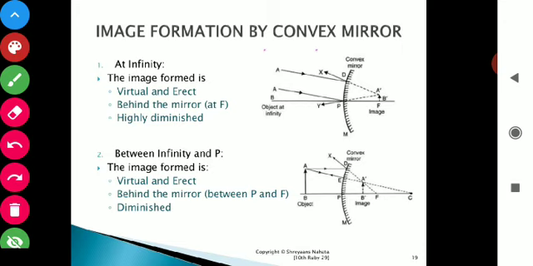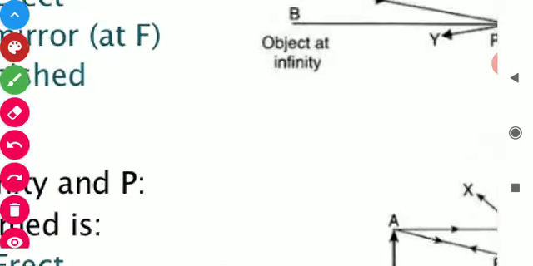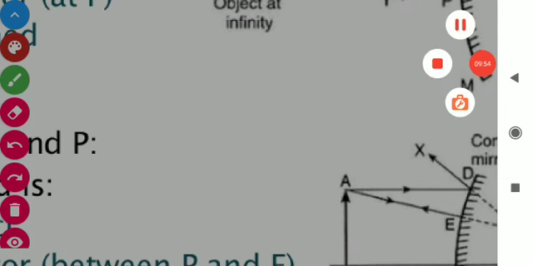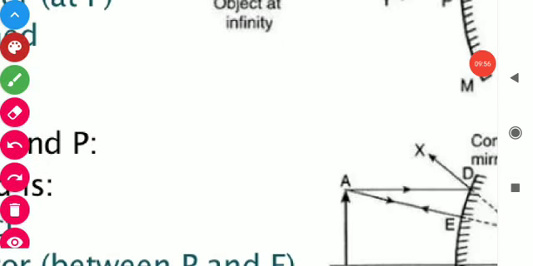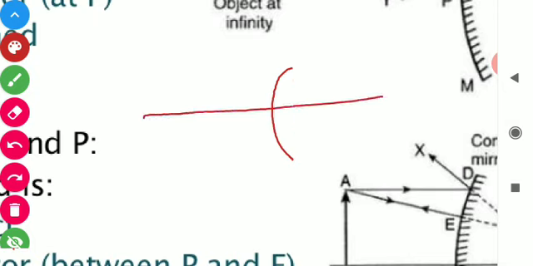So here, let's take an example. See students, suppose this is our convex mirror. This is principal axis, this is pole, this is focus, and this is the center of curvature.